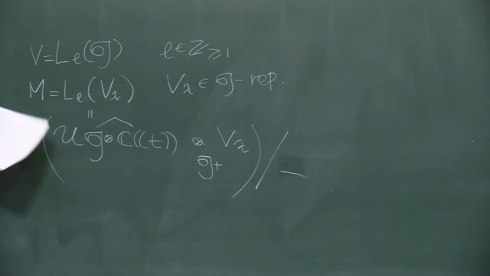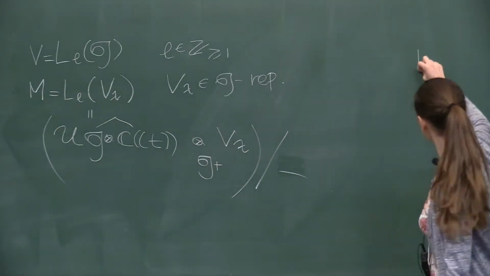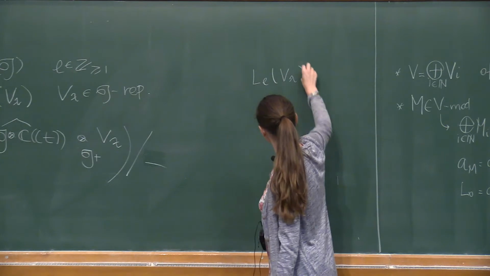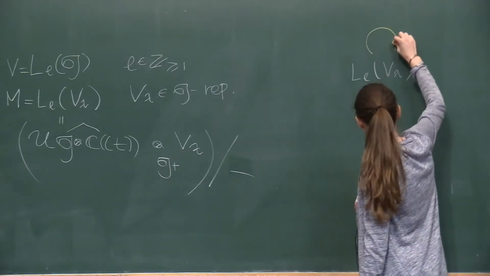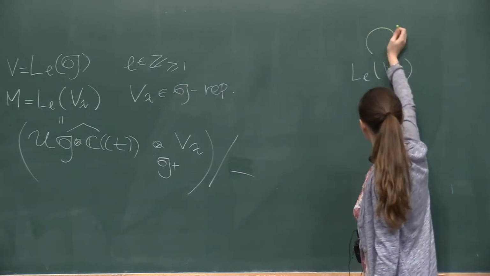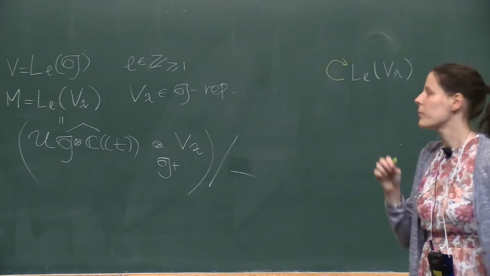So how do I construct a vector space starting with this data? Well, I take my space L of V lambda, and I notice that actually there is a Lie algebra acting here. Maybe it's better to put this arrow here since it acts on the left.